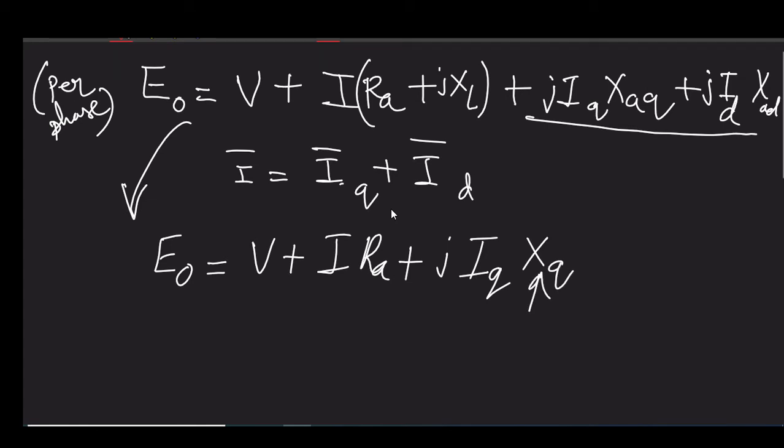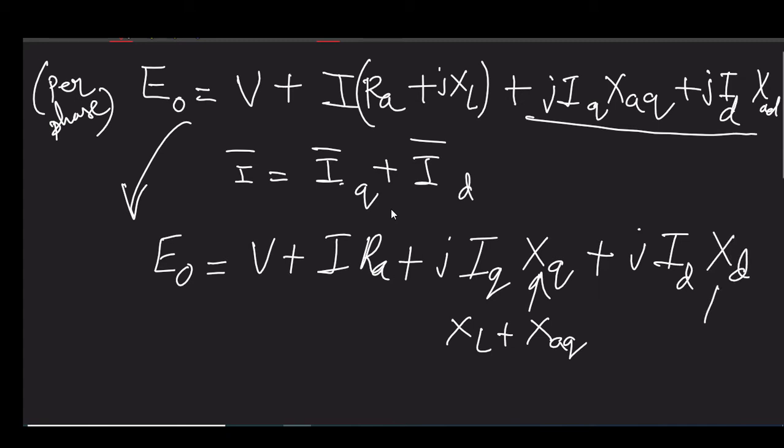And this XQ is equal to, instead of having one armature reaction reactance, here we are having two armature reaction reactances, and we are having two synchronous reactances. Previously we had one for the cylindrical rotor machine, now we are having two.